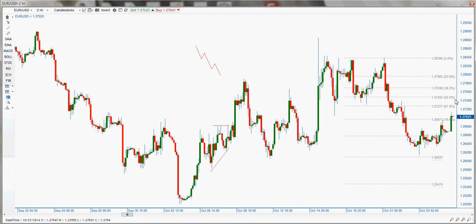This is the 50% retracement, this is the 61, 78, this is the 100, and this is the 1.382. You can see that here, just shy by a handful of pips. You could say wave C is 1.382 Fibonacci times the length of wave A. So what do we have here?